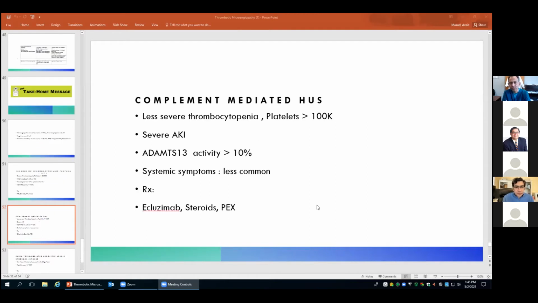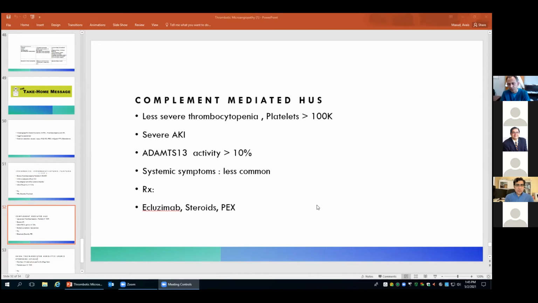When you have less severe thrombocytopenia, most of the time platelets more than 100,000, but severe AKI, with creatinine very commonly 5 or 4, or the patient ends up on dialysis within a week or 2, and you check ADAMTS13 activity is more than 10%, with less severe systemic involvement, that is complement-mediated HUS.